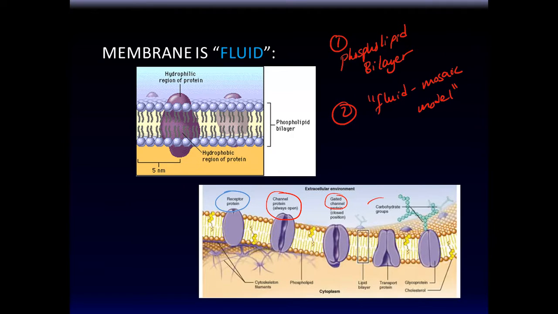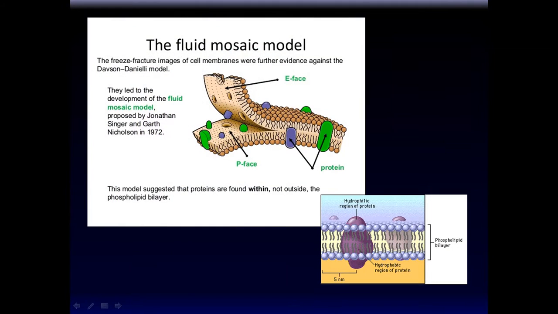There are proteins that have carbohydrates attached on top of them, and there is cholesterol. The cholesterol that has a bad reputation is, in fact, very important for the integrity of the plasma membrane. It gives stability to the plasma membrane, and if it were not there, the plasma membrane would not be what it is. So the fluid mosaic model of the plasma membrane is this.